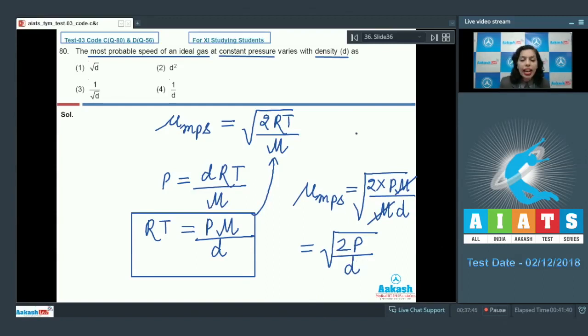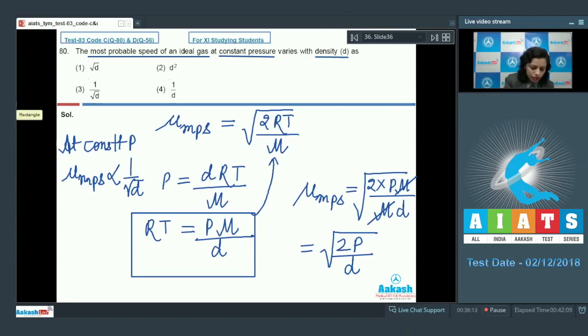You can say that at constant pressure, right here, at constant pressure, this UMPS, that is most probable speed, is inversely proportional to root D. And this is the desired expression that you need here.